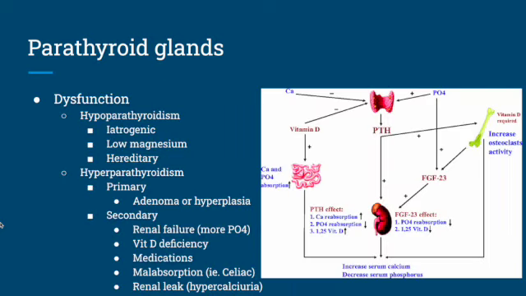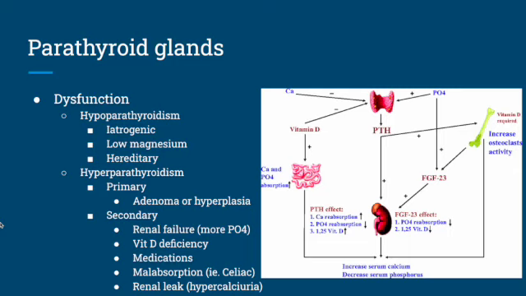And you can see another complicated looking diagram on the right here, but essentially what it's showing is that high calcium will negatively feed back to the parathyroid glands to turn down parathyroid hormone production, and high phosphorus levels, PO4 for the phosphate, will increase the parathyroid hormone stimulation.